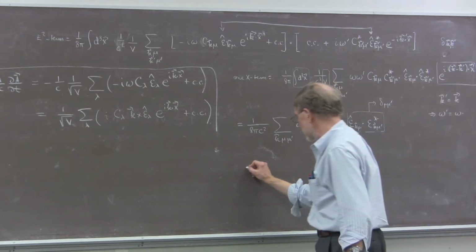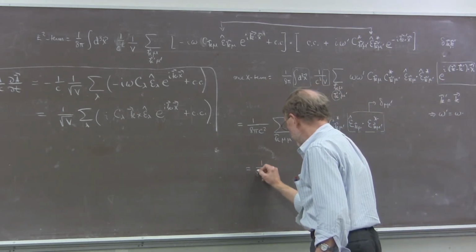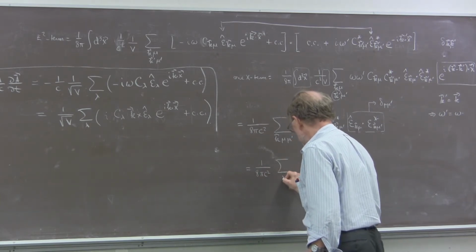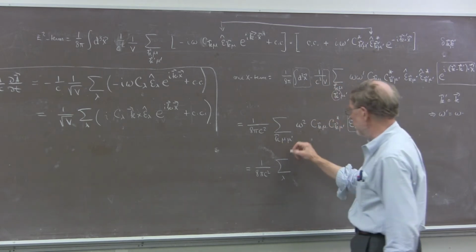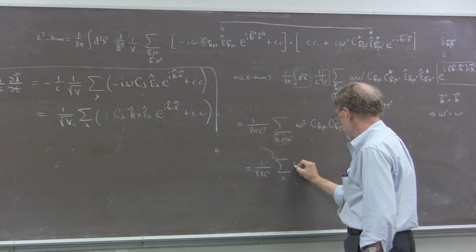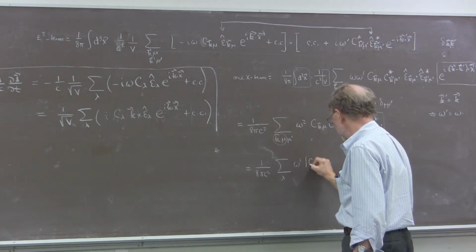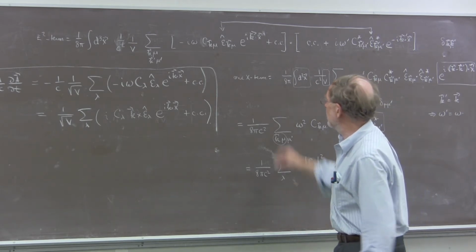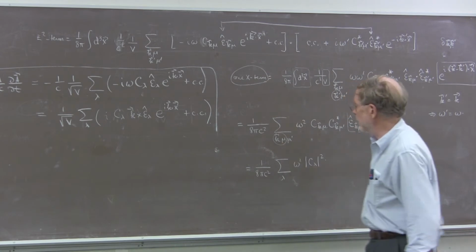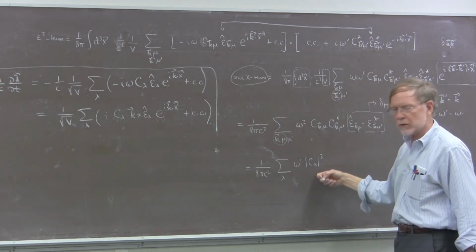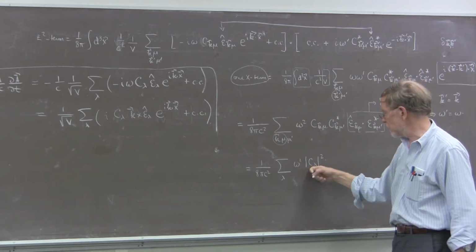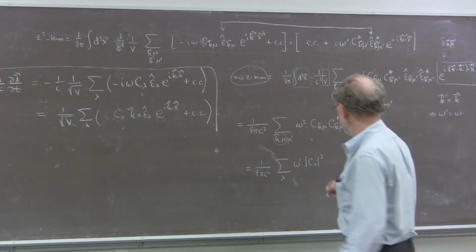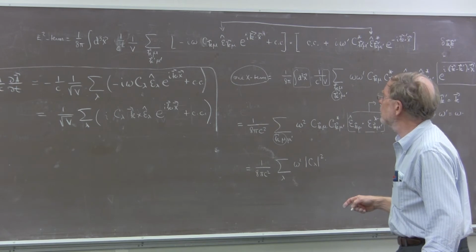The result is 1 over 8 pi c squared times the sum now just over modes, which is the same thing as the k mu sum, of omega squared times the absolute value of c sub lambda squared. This is one cross term in the computation of the electric field, expressed in terms of the mode amplitudes. I'll come back to that in just a moment.